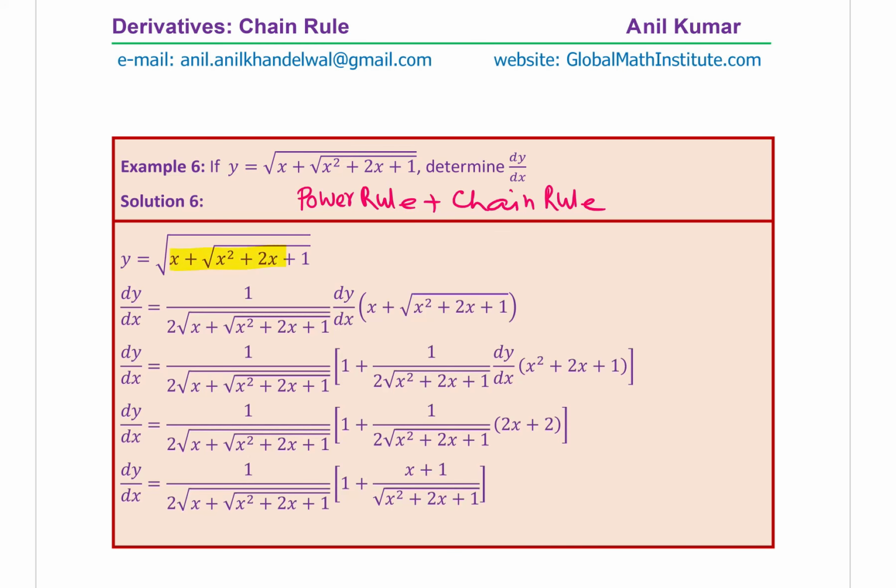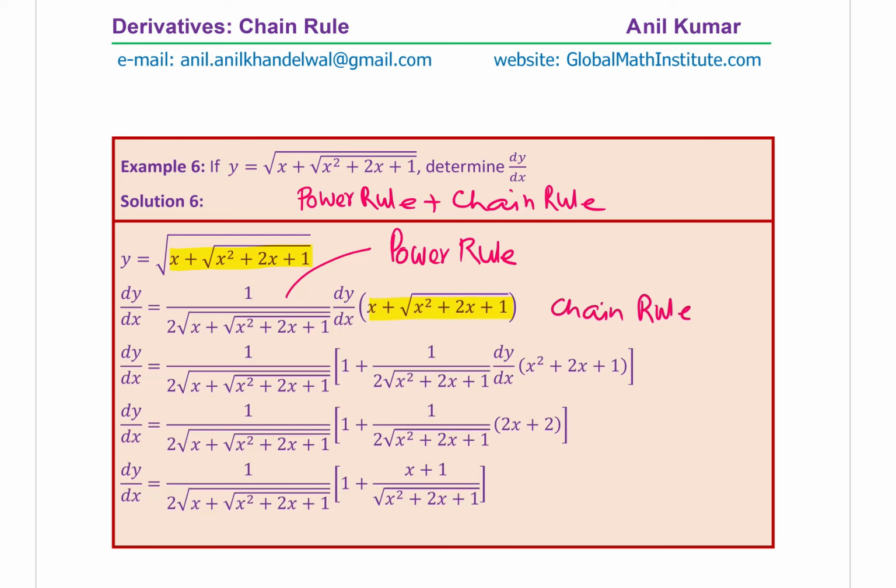This inside function derivative we have to multiply by. So that is the part of chain rule. You see that? This is chain rule. And this part here was power rule. So that is how we are going to combine it.